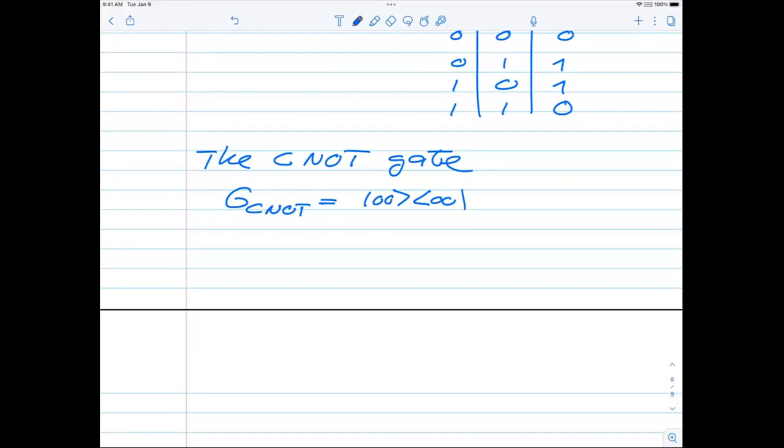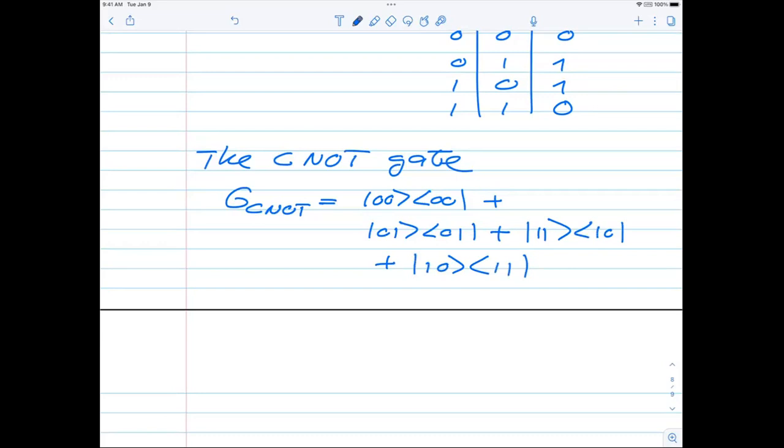I'm going to write the gate as the sum of the outer products of the components of the output and input vectors. Then the next one is 0, 1 and 0, 1, plus a 1, 1 with a 1, 0, plus the final one, which is 1, 0 with a 1, 1.